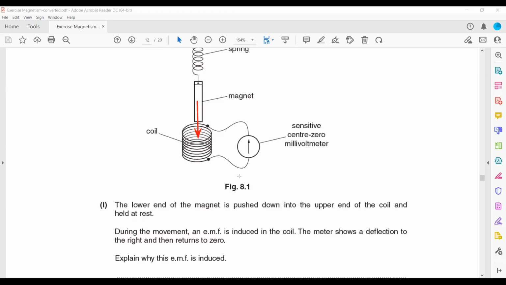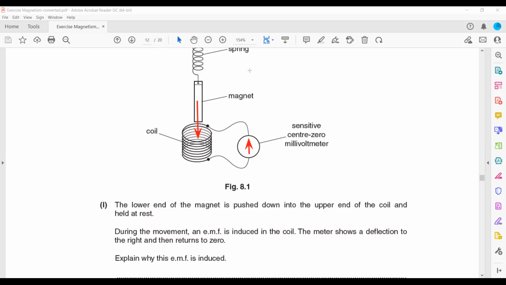When we move it down, we observe the needle is deflected towards the right hand side. The needle, originally at zero, deflected towards the right hand side and then returned back to zero. So explain why the EMF is induced.